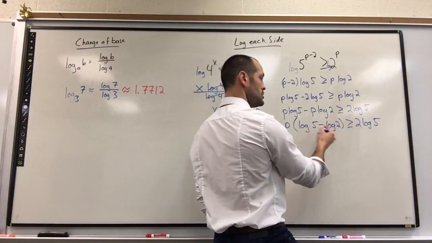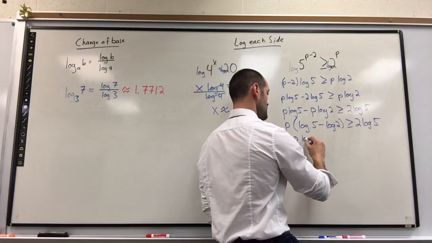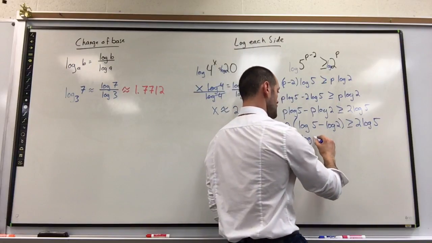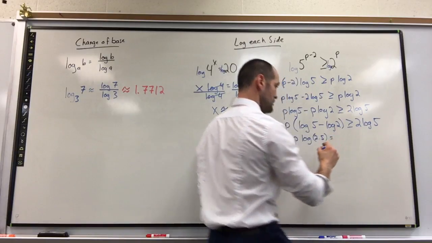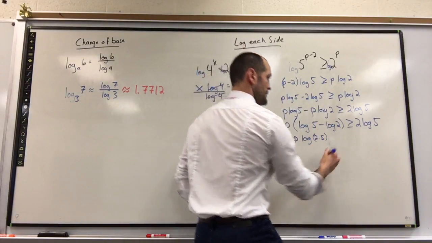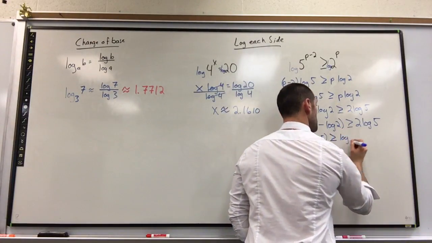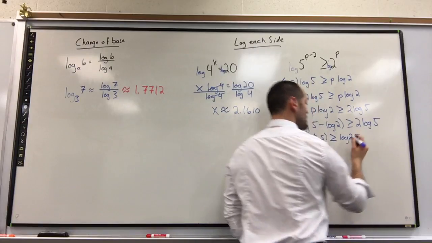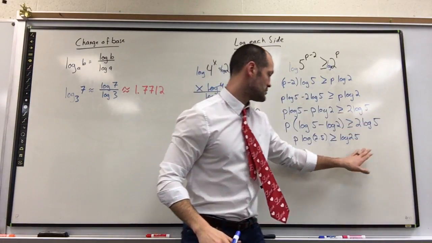We're subtracting two logs with the same base. So I really have p log of 2.5, because we're subtracting, we can divide, is greater than or equal to log 25. That number's in front, so it becomes 5 squared.